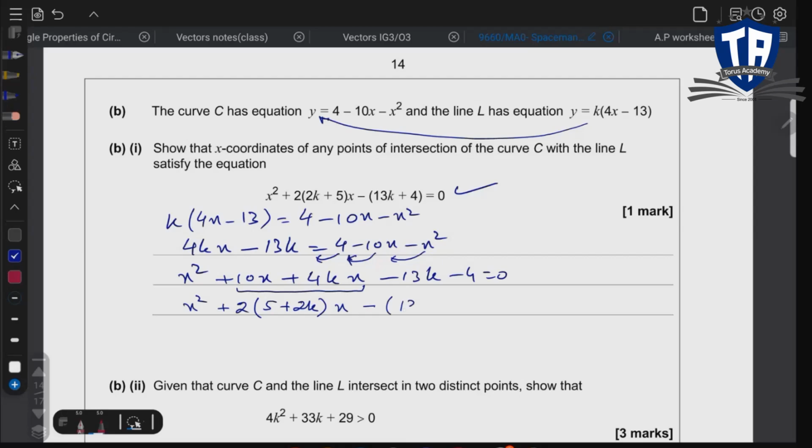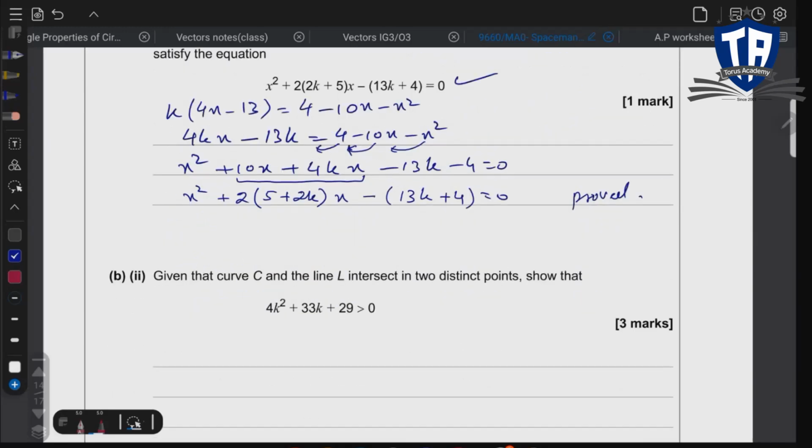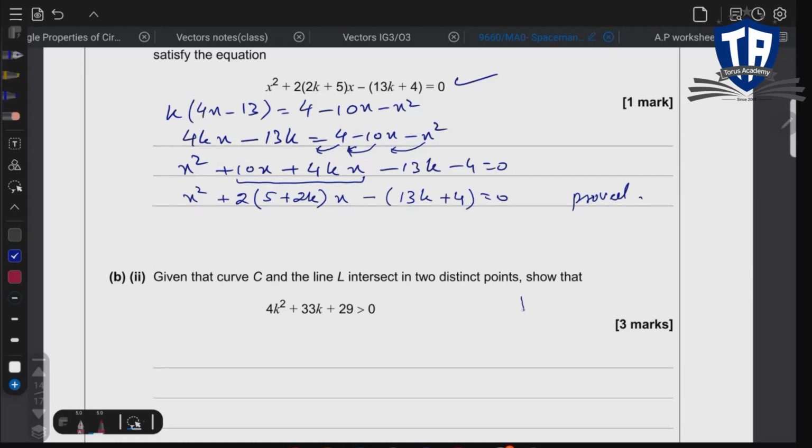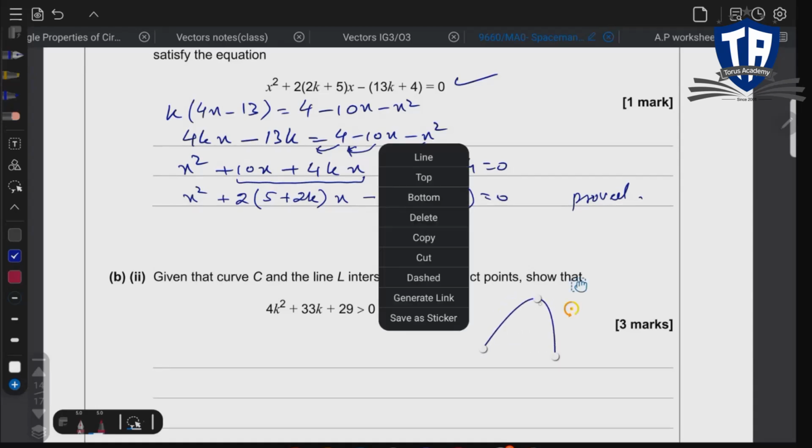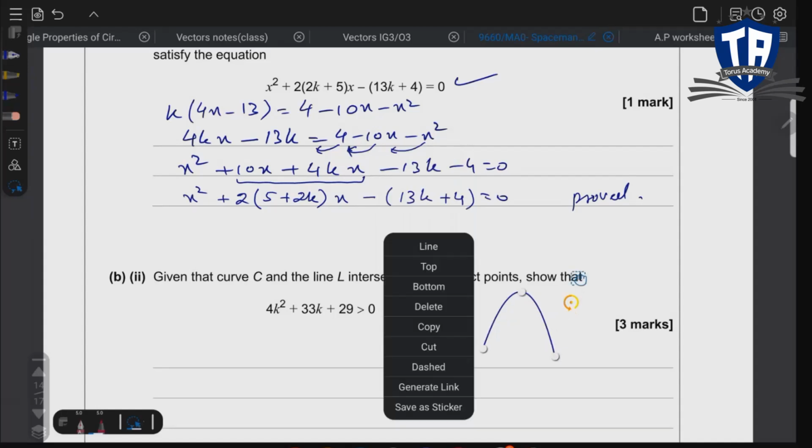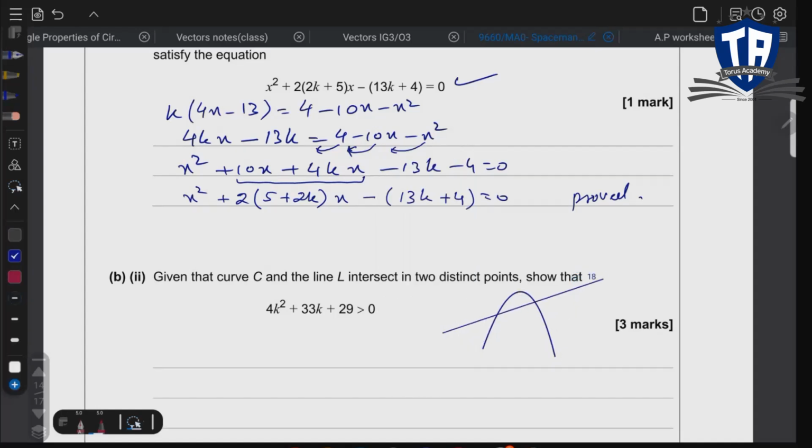Given that the curve C and the line intersect in two distinct points, show that... Whenever you have a curve and a line which intersect at two distinct points, we use the concept of discriminant, which states that your discriminant will be greater than 0.